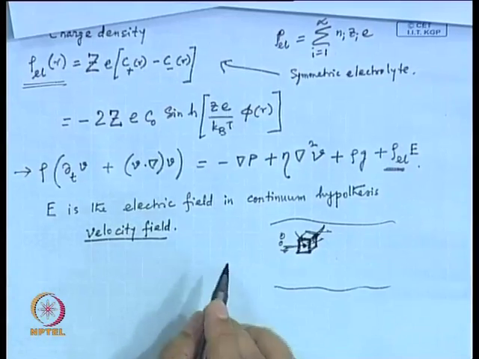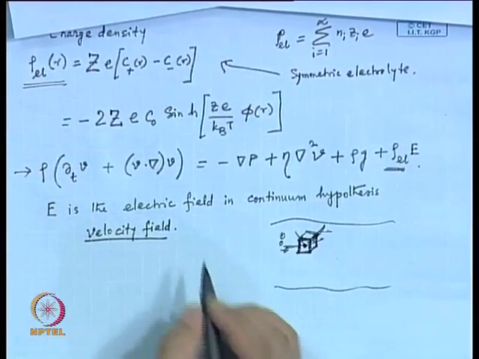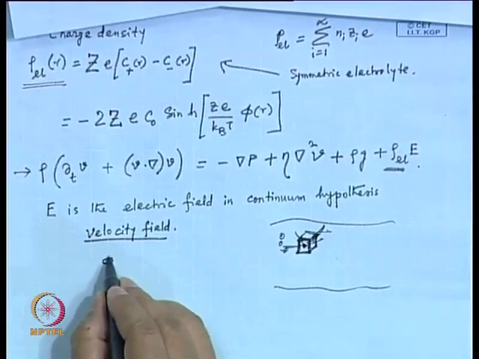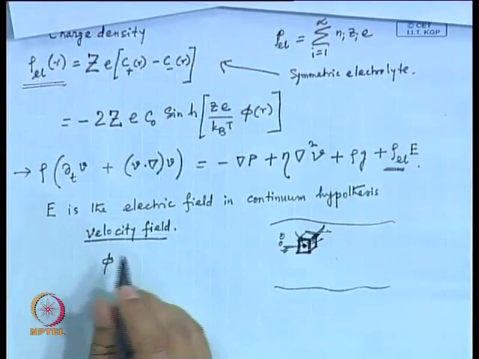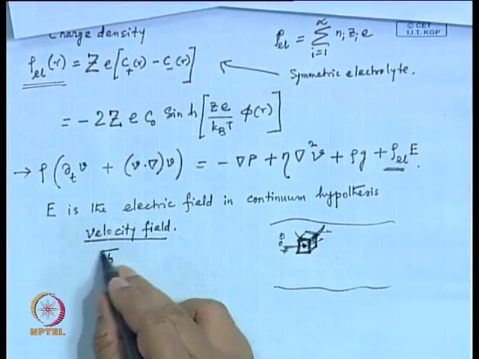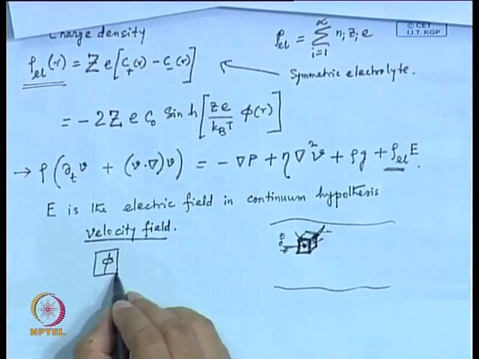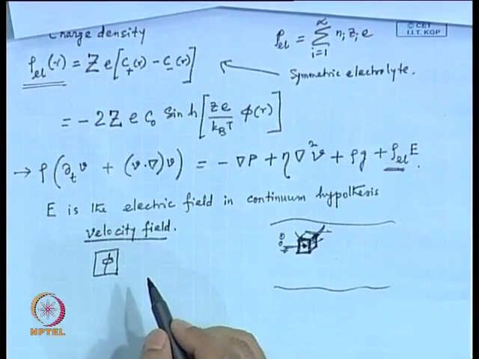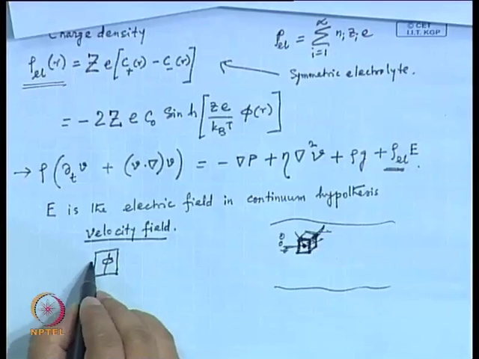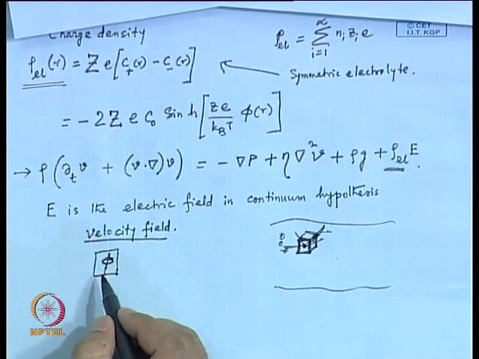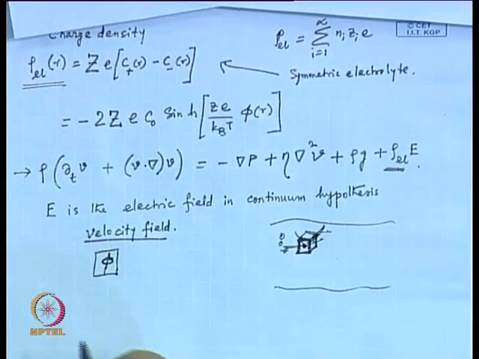Now, I am sure you remember there is a term called velocity potential, which is referred to as phi, and you already know that this potential is complementary to something called a stream function, which you must have studied in fluid mechanics, referred to as psi.